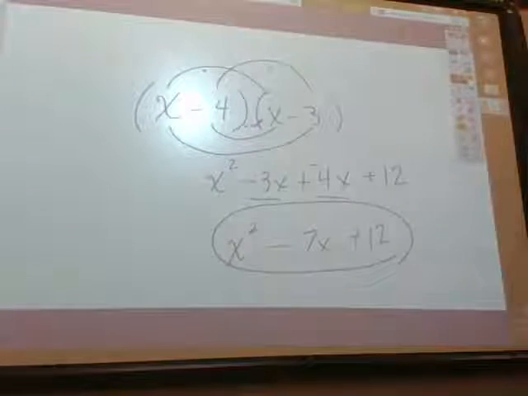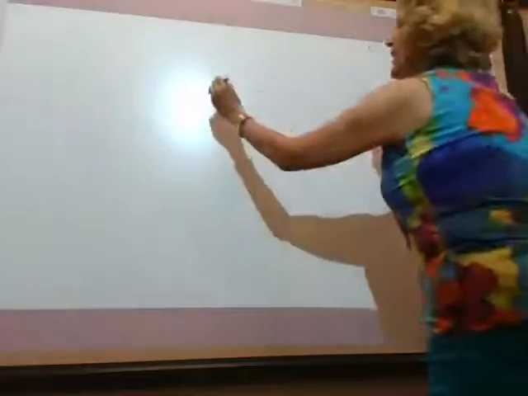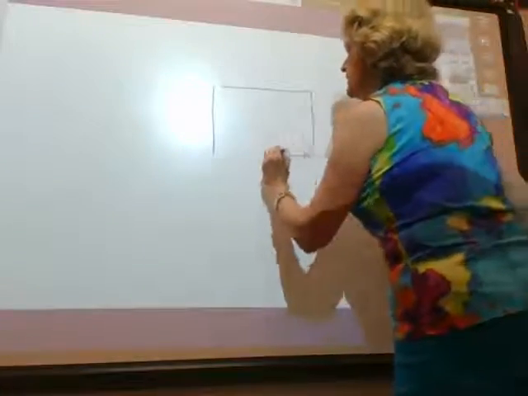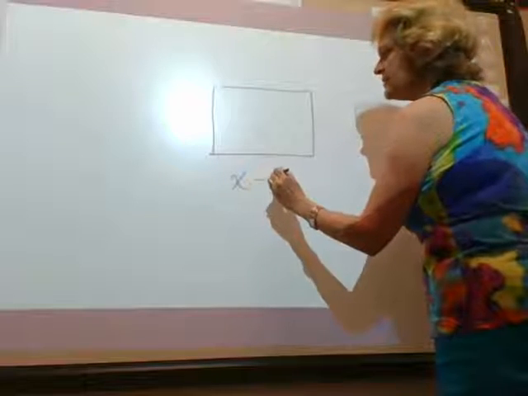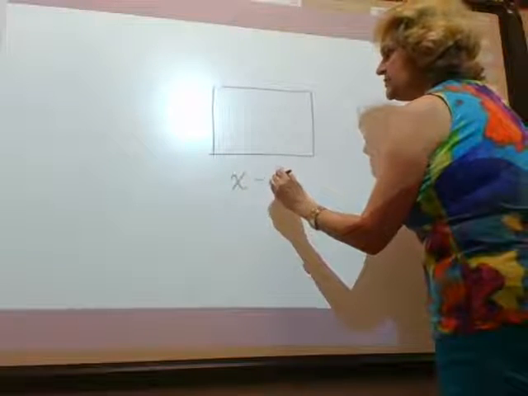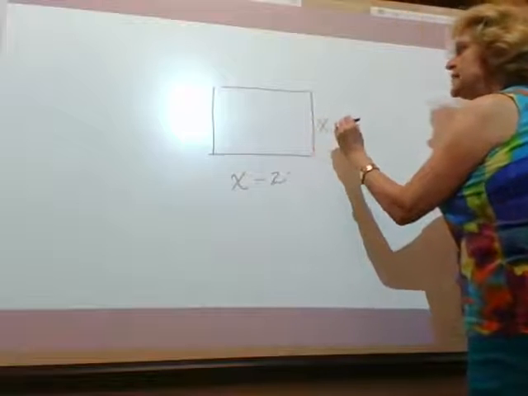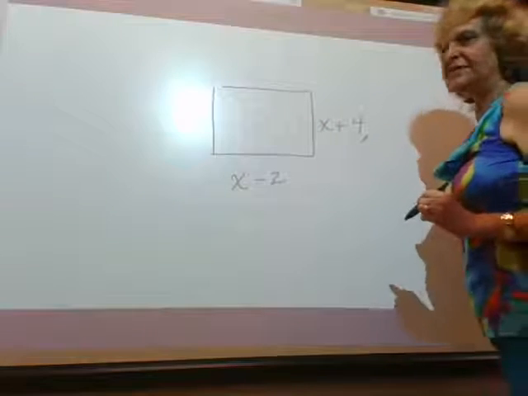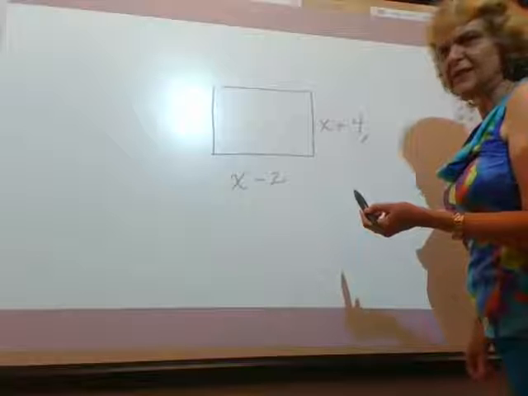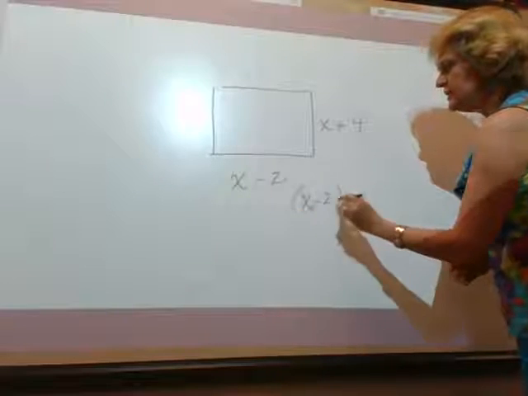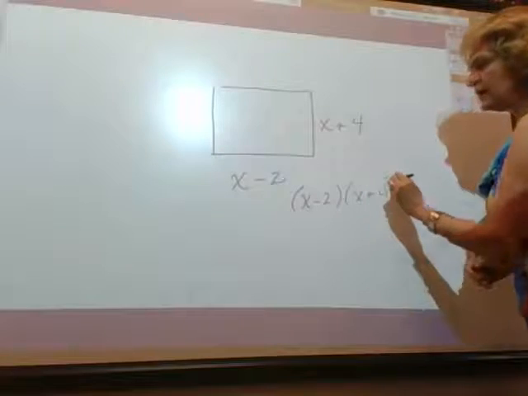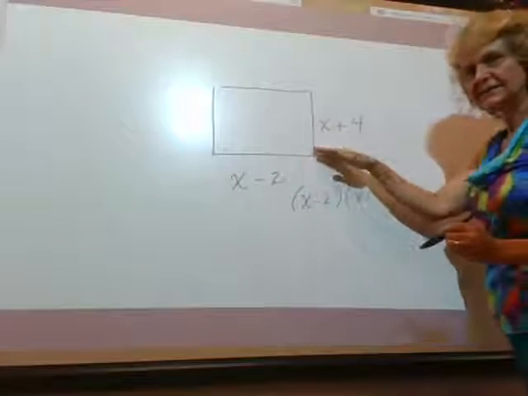Now, the book also shows you that sometimes they'll label a rectangle or a square with binomials. So I don't want you to get scared about that. If this is x minus 2, and this is x plus 4, all right, and they said find the area of this rectangle, well, you'd say, well, x minus 2 times x plus 4, right? Base times height.